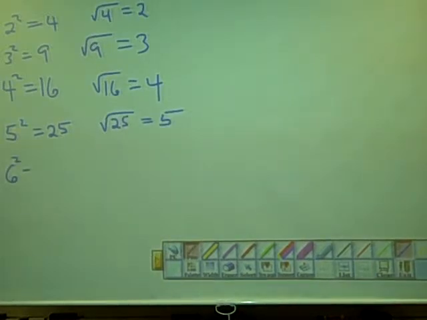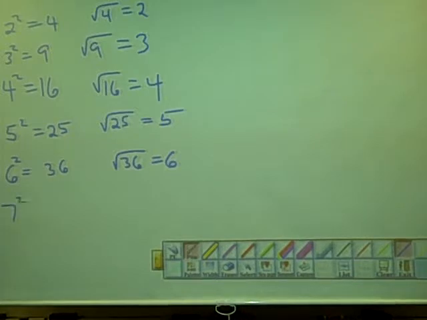And you do 6 squared, 36, and you just keep right on going. 7 squared, 49.